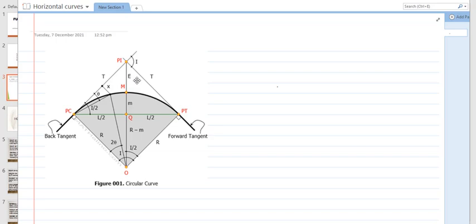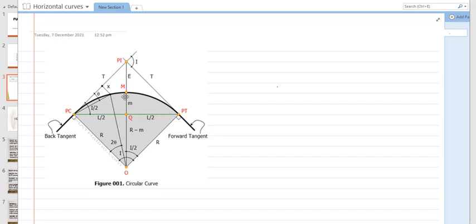The distance from PI to the middle point of the curve, this is the middle point of the curve, letter M. The distance is called the external distance and is denoted by capital E. Finally, the chord of the arc from the PC to PT, this green line, while the curve itself is the arc, is called the long chord or LC.